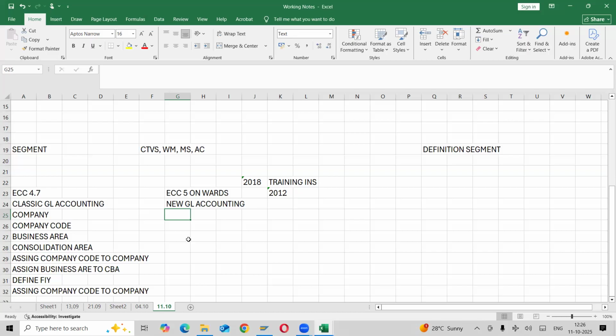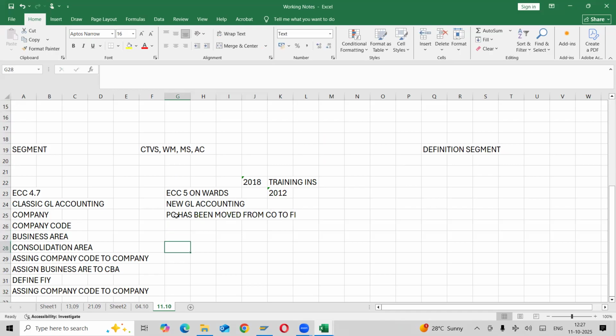This profit center was with the controlling module, but because the client required multi-dimensional reporting, some part of the CO module has been moved to FI. So some part of profit center has been moved from CO to FI. Clear?